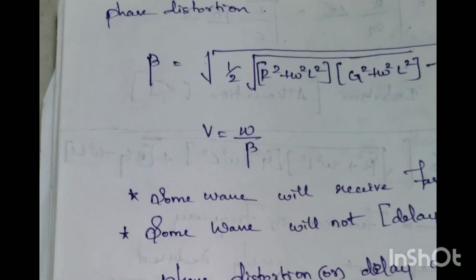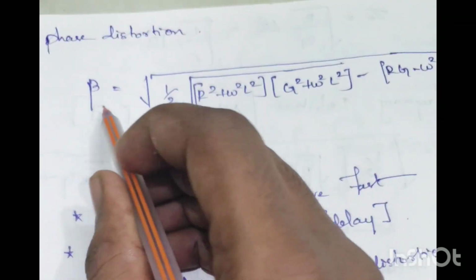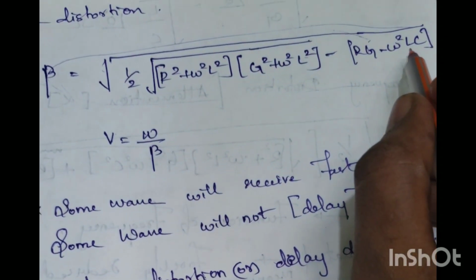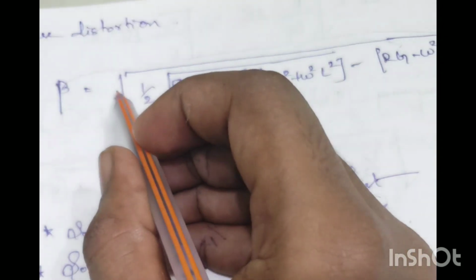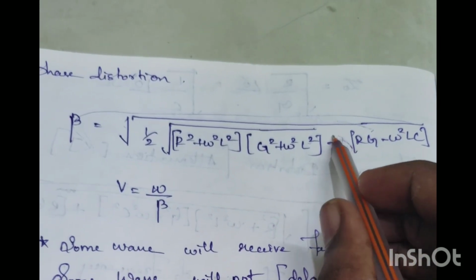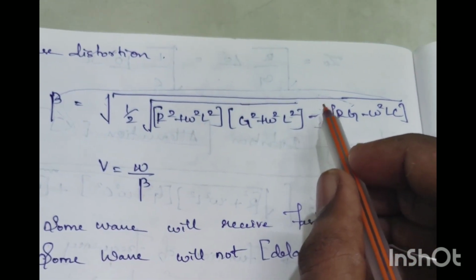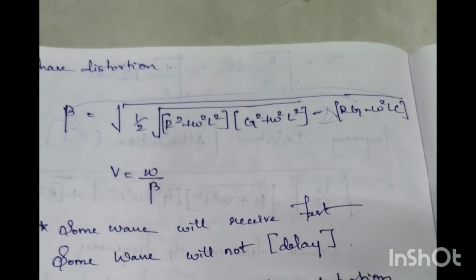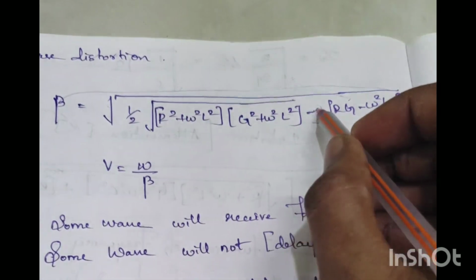And then the phase distortion formula is the same as the alpha or attenuation formula, but a small change: a minus will be introduced because it is a phase distortion. Attenuation means we add, phase means we subtract.